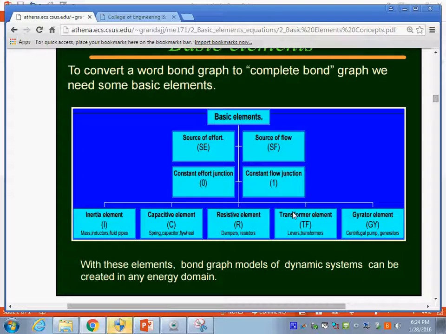Sometimes it's called a cross transformer because it's like in electrical motors. The voltage is always related to the angular velocity, and the current is related to the torque. That's how a motor works. You see, so these are the only elements that we need.